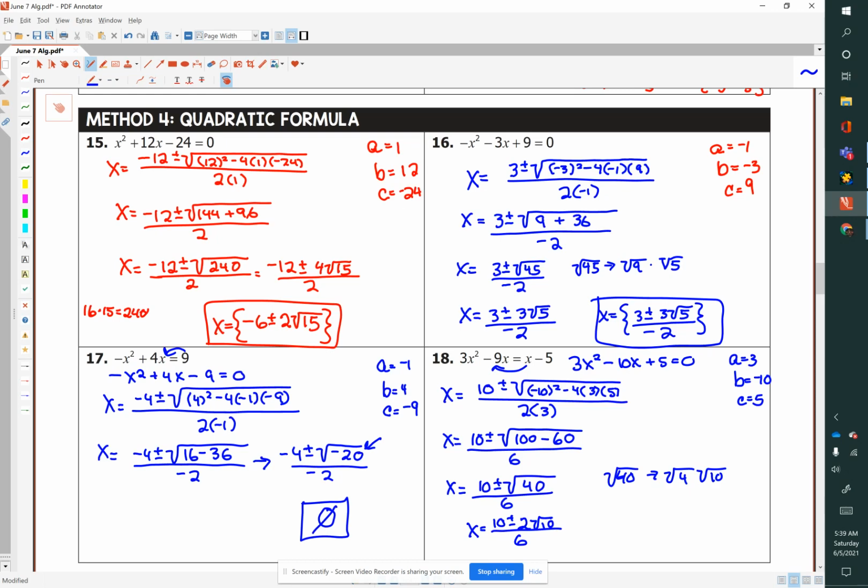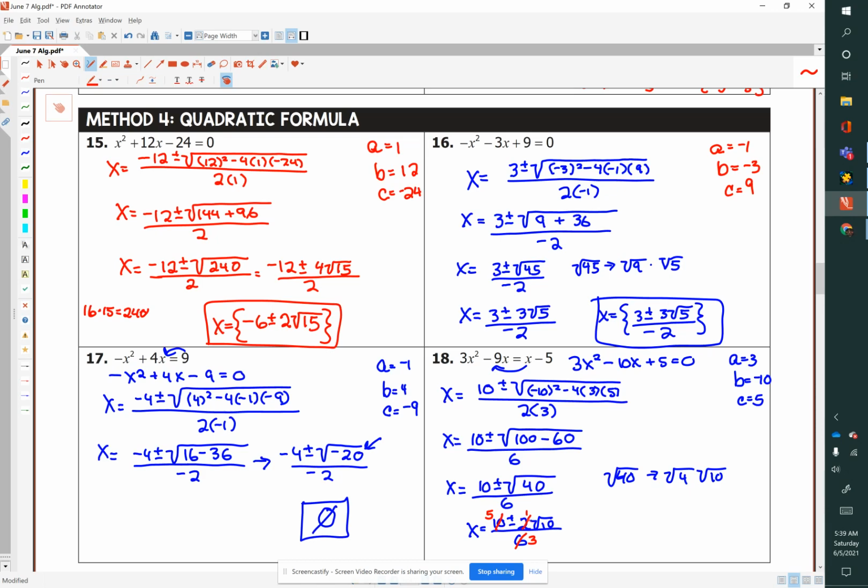And we can simplify that. Let's change our color here. We can divide everything here by 2. So 2 divided by 2 is 1, and that will become an invisible 1. 6 divided by 2 is 3, and 10 divided by 2 is 5.